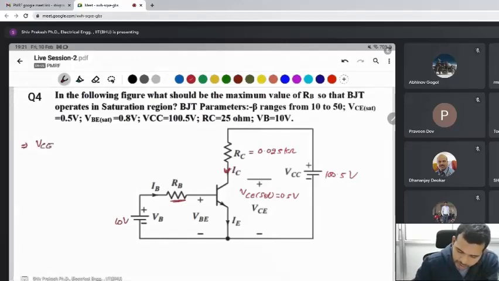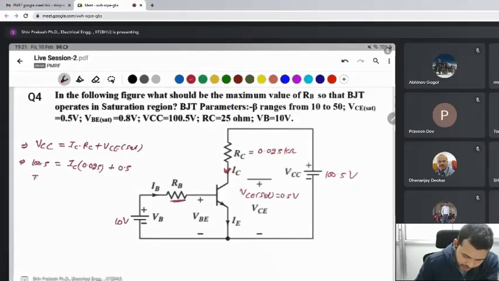Writing the KVL, VCC is equal to IC times RC plus VCE, all at saturation values. VCC is given as 100.5, RC is 25 kilo ohm, and VCE is given as 0.5 volt.